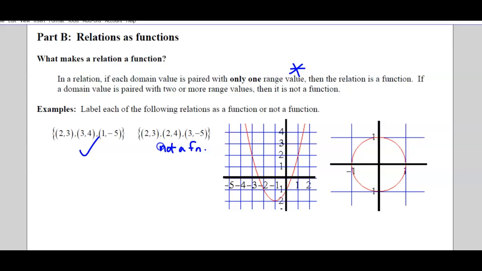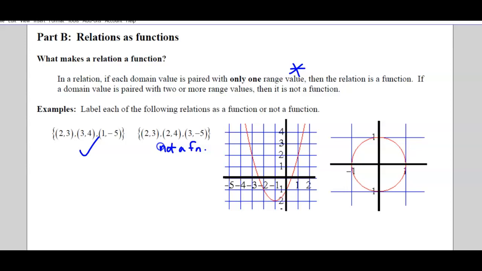This one is a parabola, so hopefully you remember parabolas are functions. For every x, there's only one y. The vertical line test was the fast way. Again, it is not the definition of a function to say it passes the vertical line test. That is just a tool to help you.